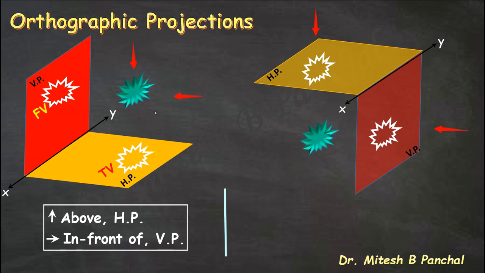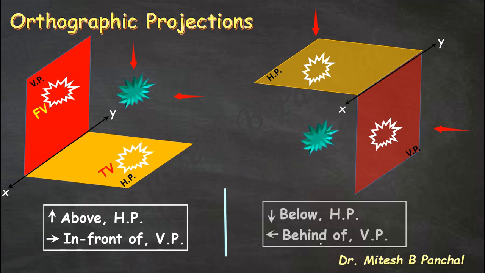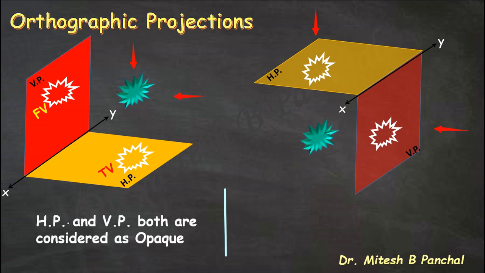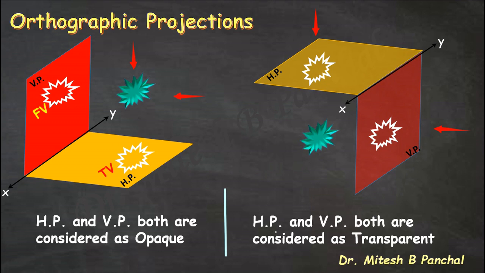So position of the object in first angle projection system is above HP and in front of VP, while in case of the third angle projection system, position of the object is below HP, behind VP. As I have already told you, in first angle projection system, HP and VP both are considered as opaque planes, while in case of third angle projection system, HP and VP both are considered as transparent planes.